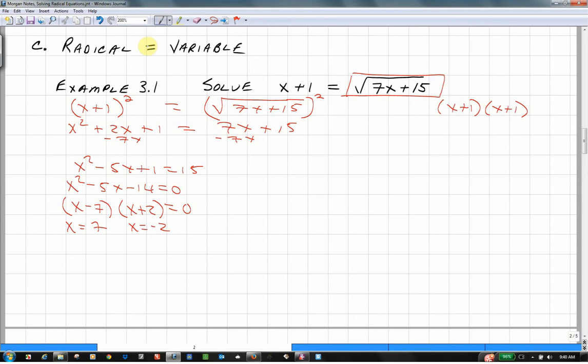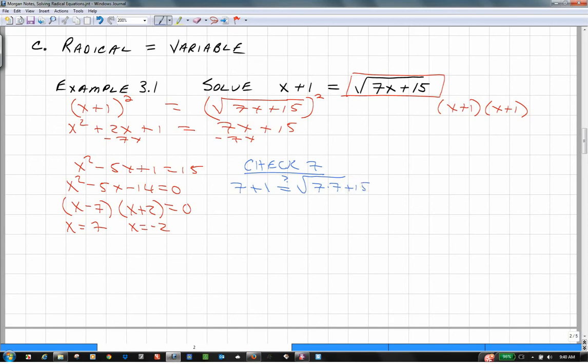So let's check the 7. All right, so I'm going to check 7. If I put 7 into that equation, I get 7 plus 1. Is that equal to the square root of 7 times 7 plus 15?